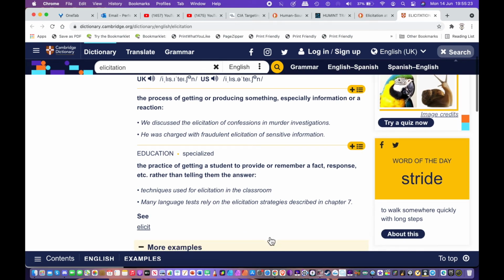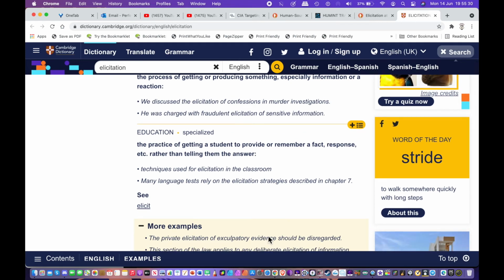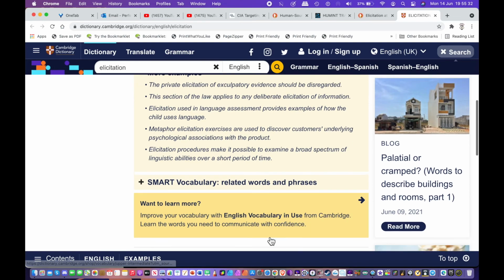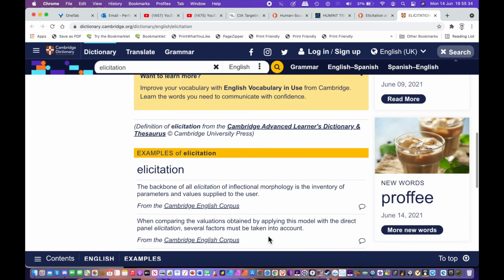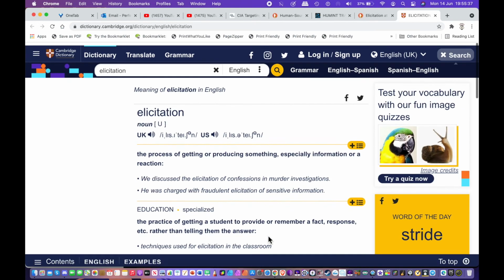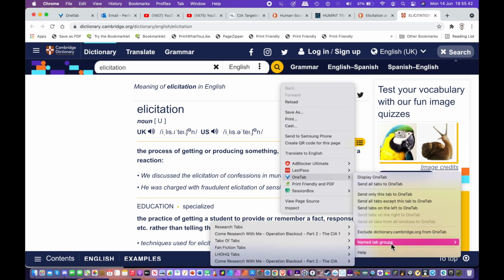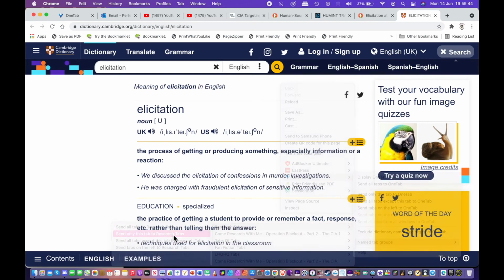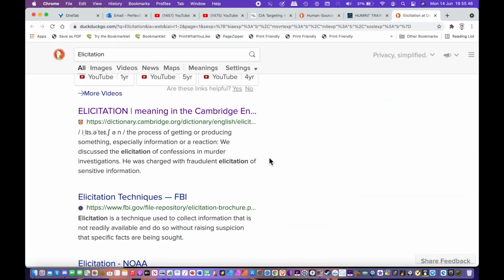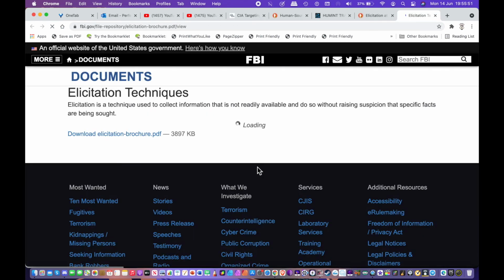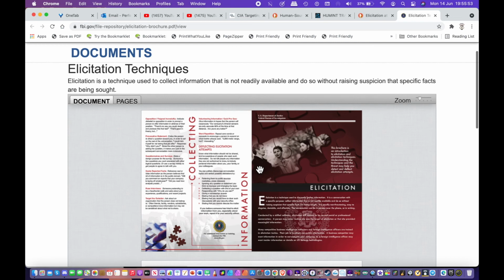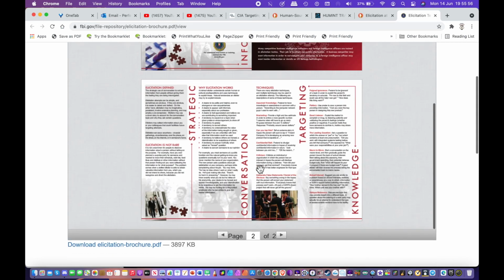He was charged with fraudulent elicitation of sensitive information. Okay. Okay. Put that away as well. Ooh.